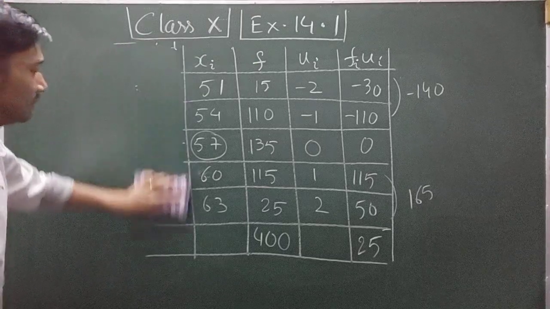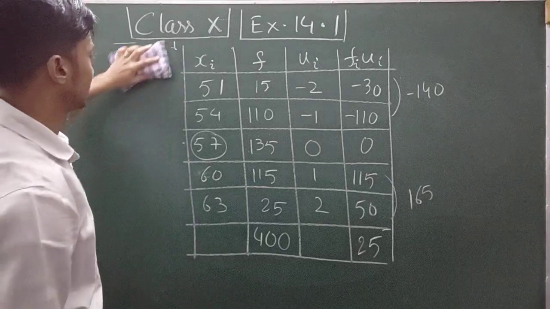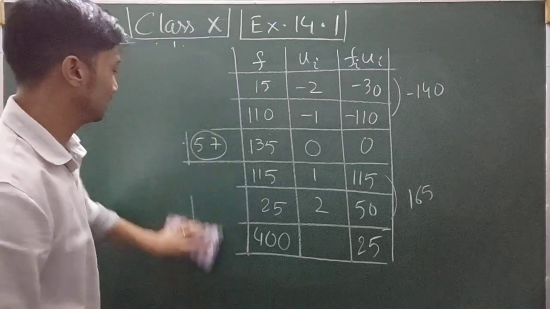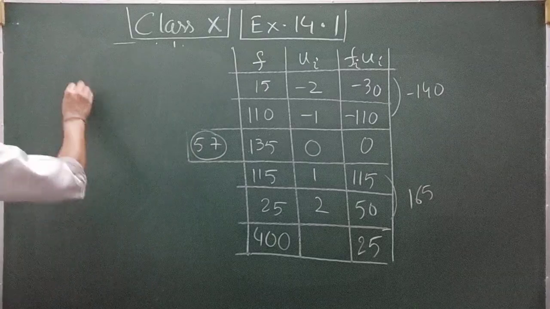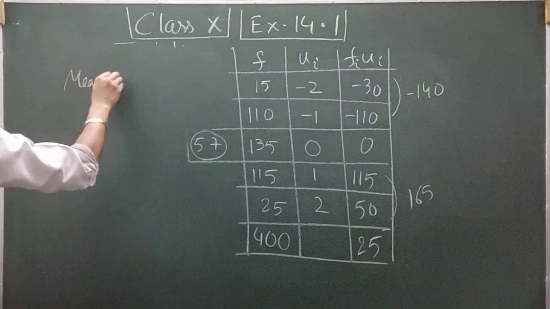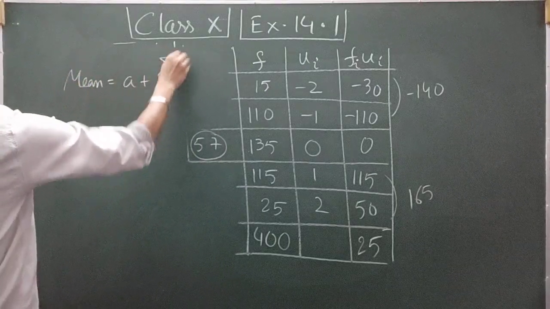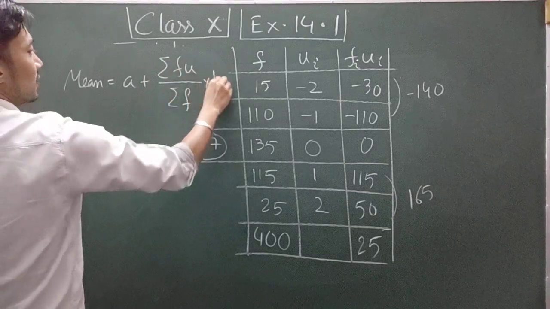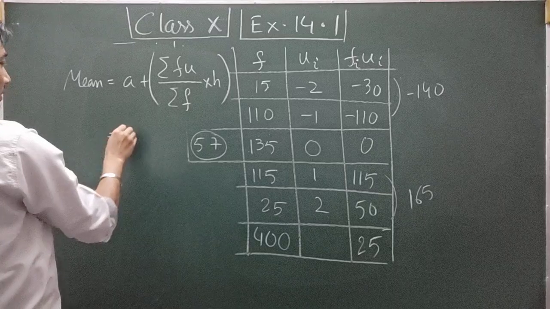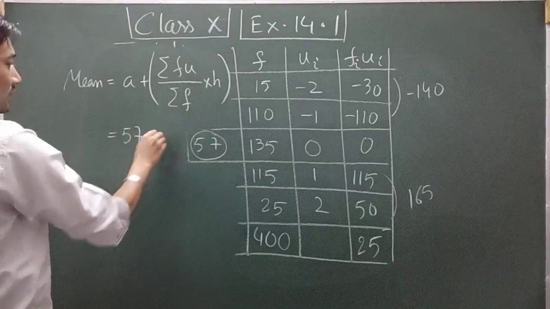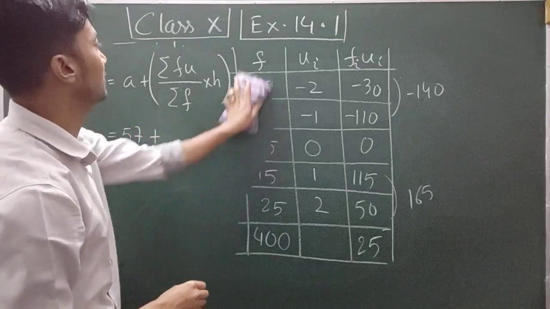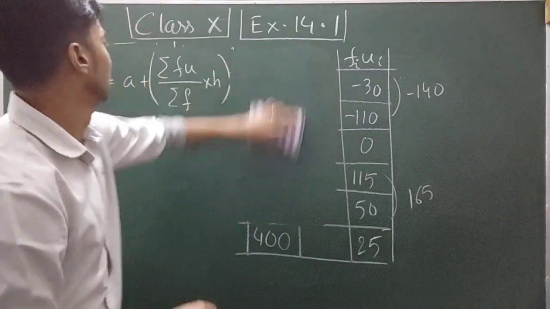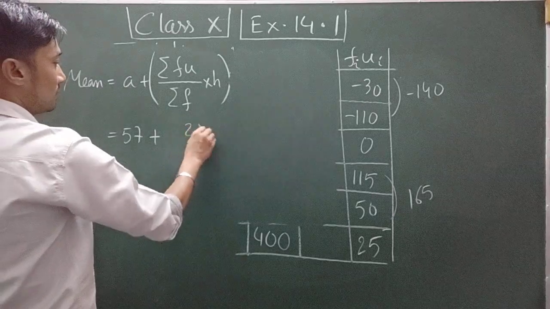Now time to find out the mean. I'll just keep this because I might just forget. So mean equals A plus summation of f into u divided by summation of fi into h. I'm not writing i and all. So A is 57 plus, okay, this is done now. I don't need this, I don't need that. Plus summation of f into u, 25.